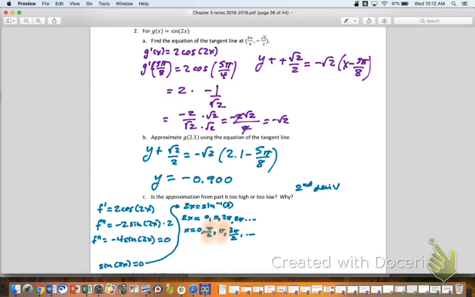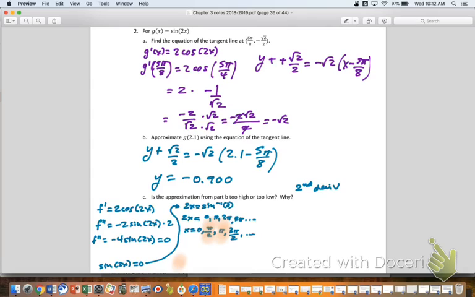Yeah, 5 pi over 8 would be good. 2.1 is going to be awkward without a calculator. If you do have a calculator, you could just use one of the two numbers. Sure. 3 pi over 4 is right in the middle, isn't it? There we go. Yes. So I could do that. I could do one of the numbers, whatever you want to say.